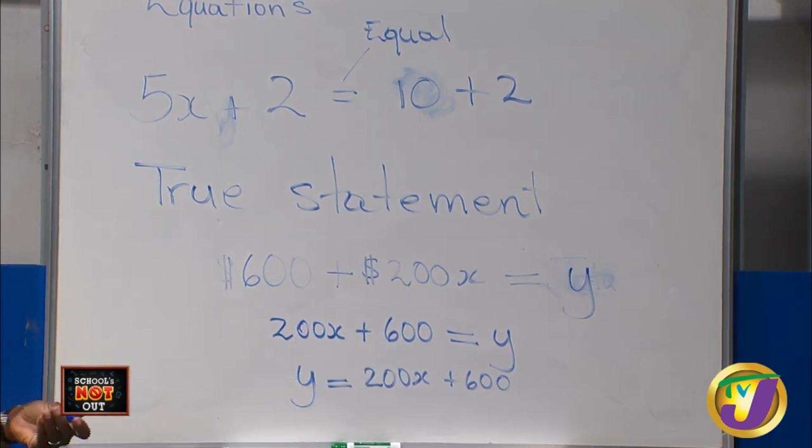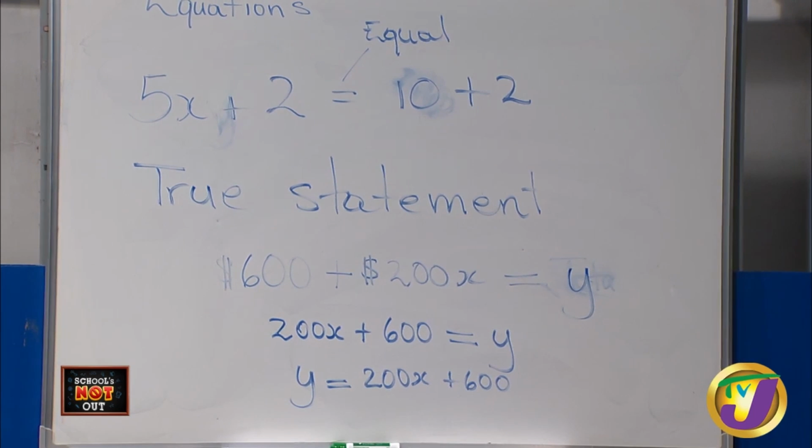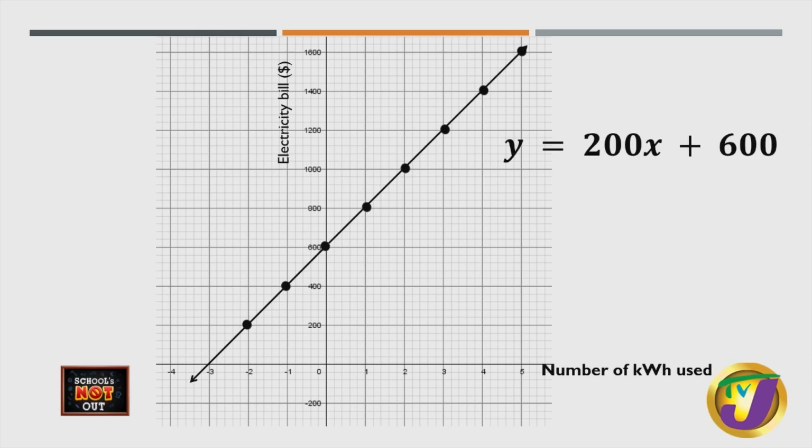Now, I want us to delve a little bit more into this Y equals 200x plus 600 equation. If somebody uses 10 kilowatt hours, because I'm not seeing 10 kilowatt hours on my screen, can I use this equation to figure out that person's bill? Remember that you had said to me that the X represents the number of kilowatt hours for this question.